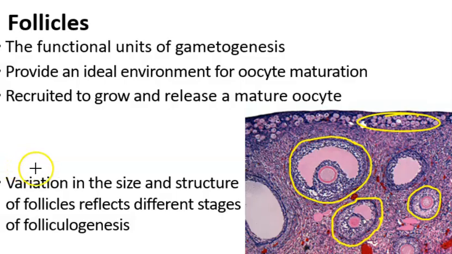The variation in the size and structure of these different types of follicles, because they obviously look different, and there's lots of them, reflects different stages of the follicle's growth. So we're going to talk about how follicles change over time and why that's important for oocyte development.